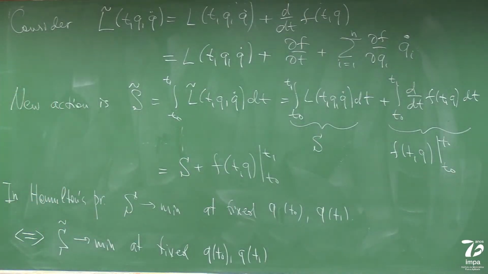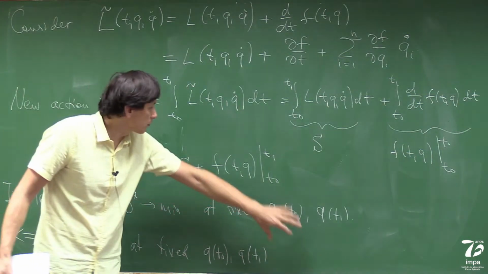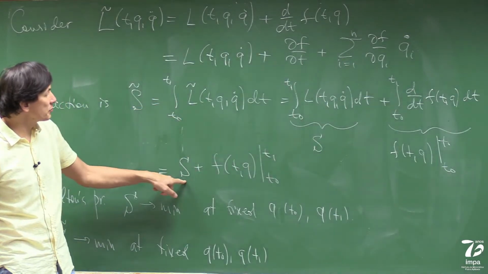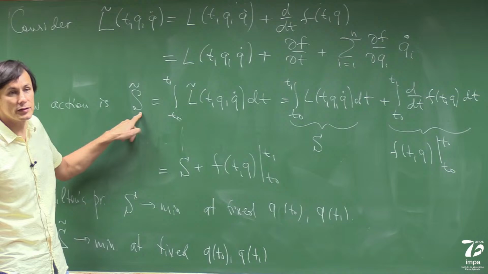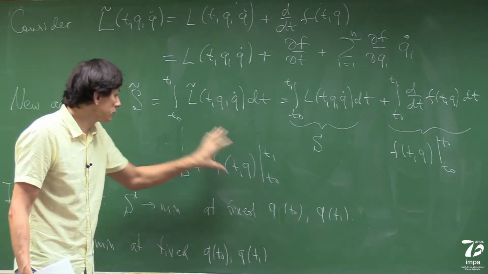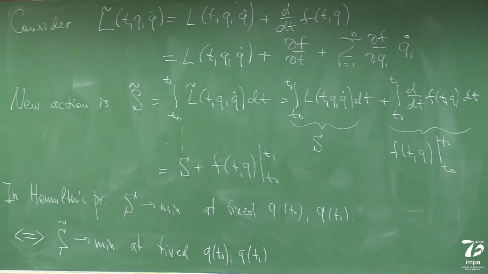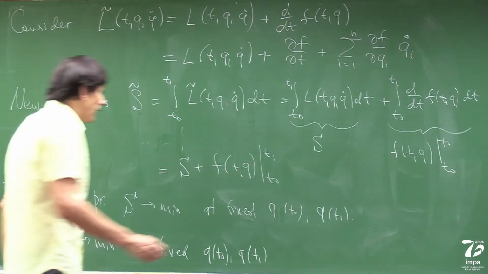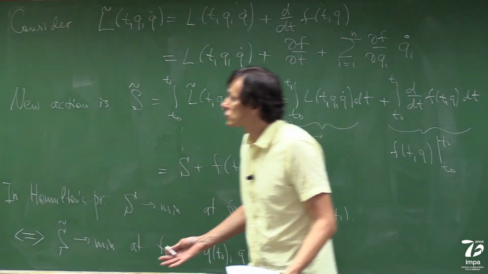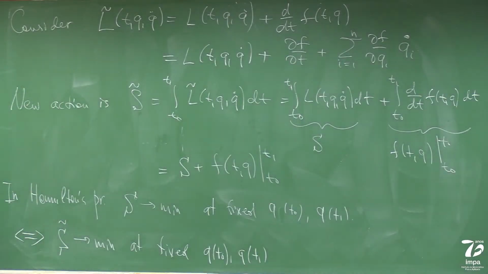But the minimum is attained at exactly the same point, because whenever you fix endpoints, this term is fixed. Right? So whenever S attains a minimum, S tilde attains a minimum, and vice versa, because this term is fixed. The minimum value is not the same, but the fact that it attains a minimum is equivalent. And since Hamilton's principle is the only thing that we use to derive equations of motion, it means that the equations of motion should be equivalent.